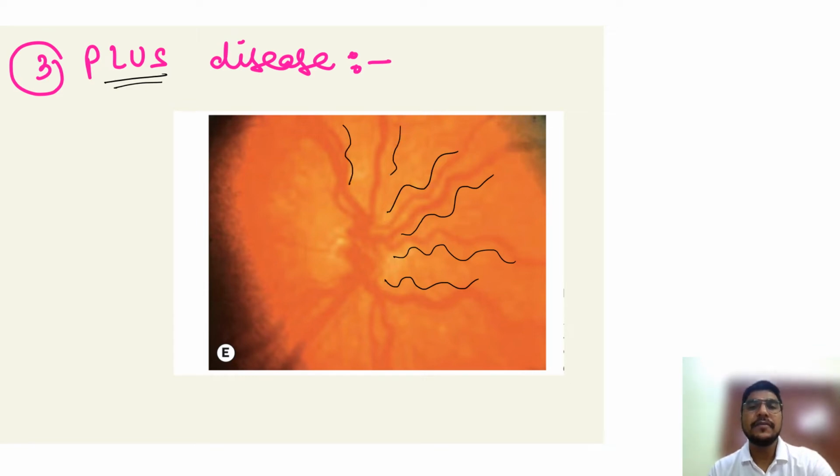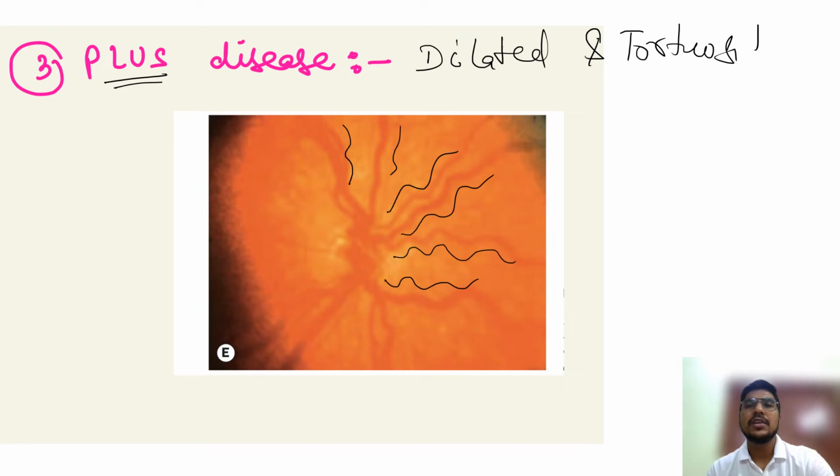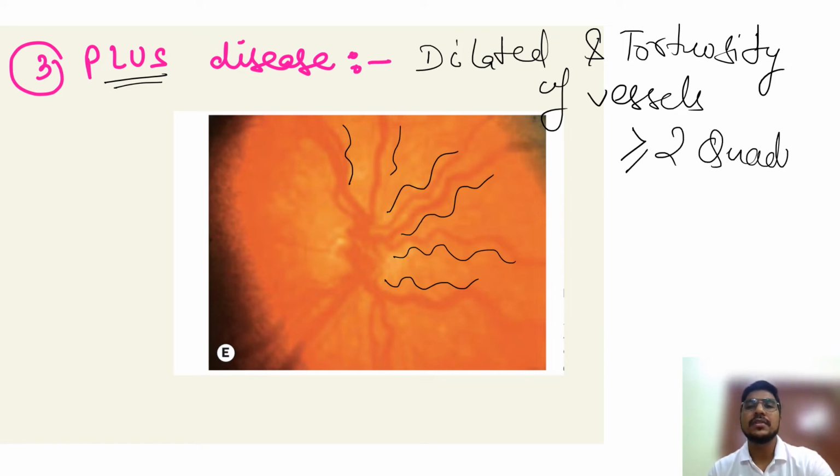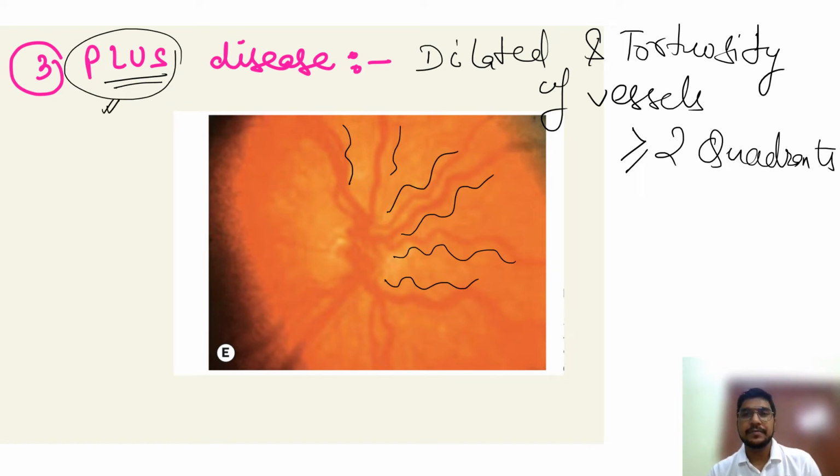So if there is dilation and tortuosity of vessels in more than or equal to two quadrants, then this is called plus disease. This is very important because this guides the treatment.